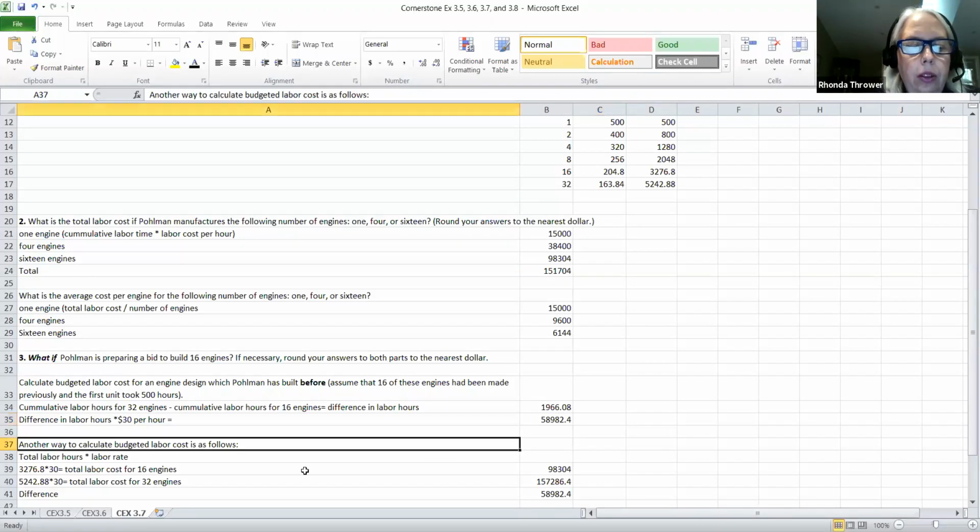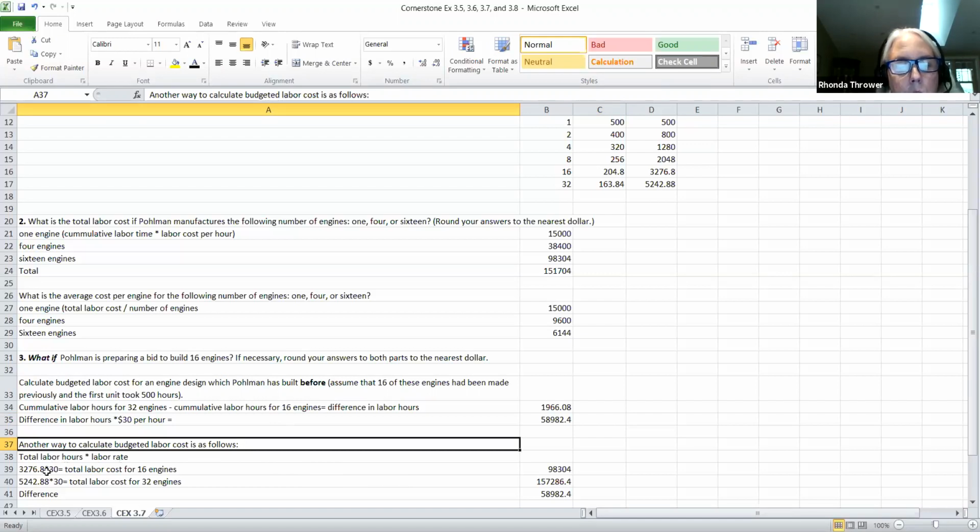There's another way that you can calculate the budgeted labor cost for this particular bid too. And again, we're still assuming that they have built 16 engines before, and they're getting ready to build 16 additional engines. So what I did is I took the labor hours and multiplied it by the labor rate.